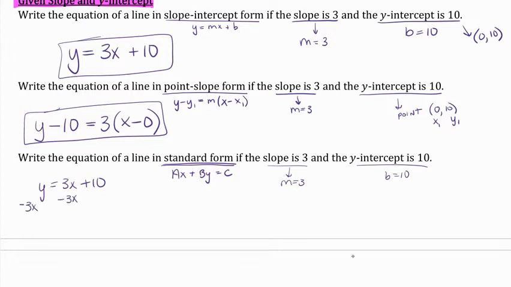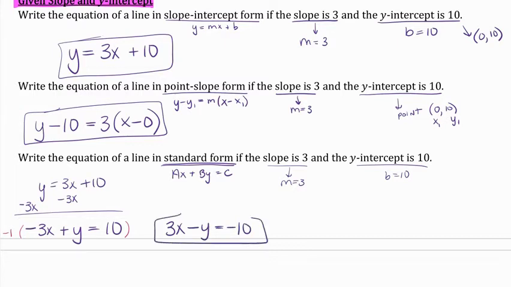I'm going to subtract my 3x, and then put them in order: negative 3x plus y equals 10. The only other thing I need to fix is that I don't want the first term to be negative, so I'm going to multiply the whole thing by negative 1. Then I'll get positive 3x minus y equals negative 10.